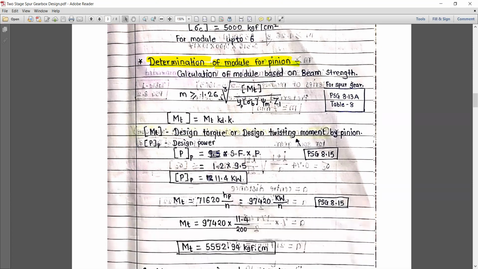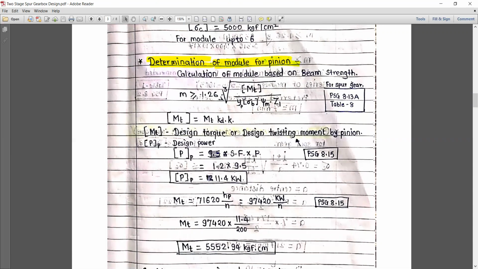Next, we need to calculate the module. Now to calculate the module, basically go for table number 8, PSG page number 8.13a. The calculation of module is based on the beam strength.